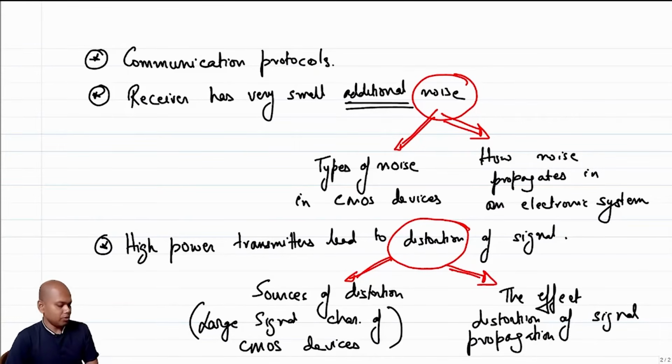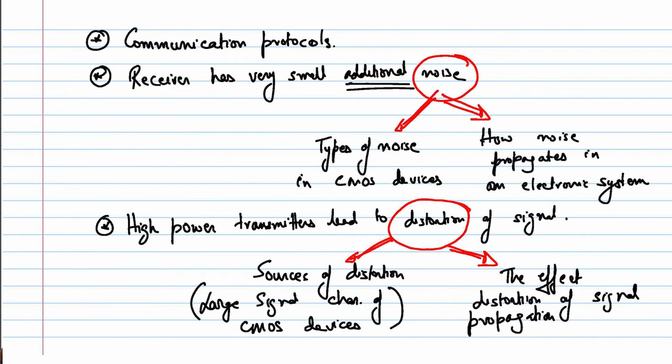We need to first establish what the communication protocols are, and once we have established them, we need to understand what the bottlenecks for a receiver are. At a very 1,000 feet level, the receiver should be able to receive very feeble signals, which means it should handle extremely low amplitude signals, or in other words, it should not add more noise to the signal that it is receiving, right?